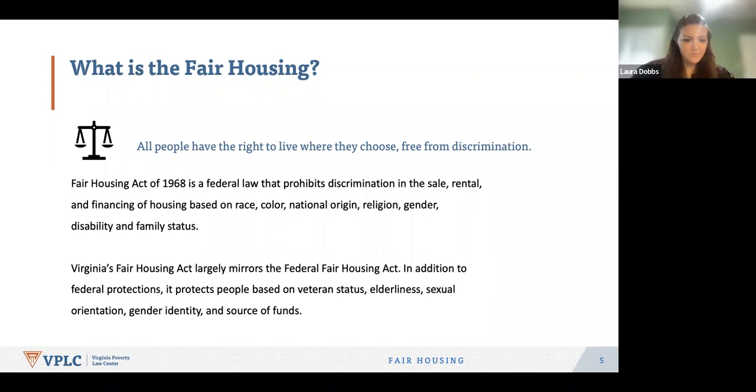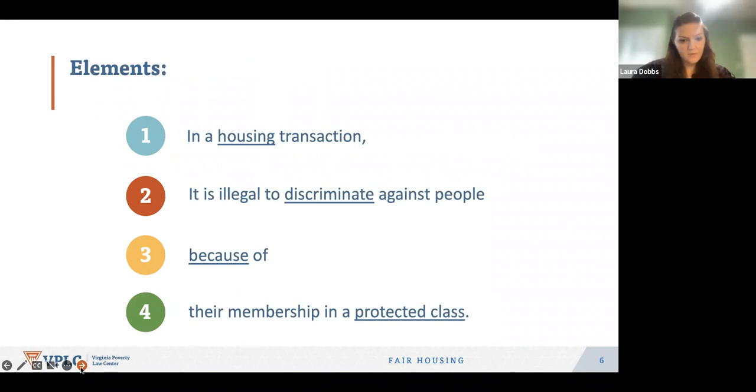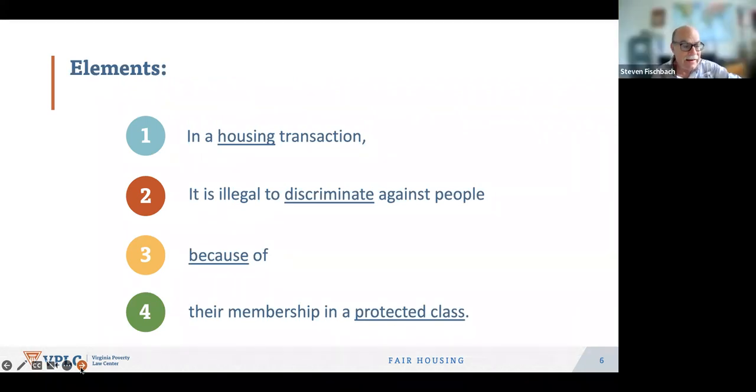Next slide. The way that we're going to go through this is talking about the four elements of who's covered by the law and what the law entails.